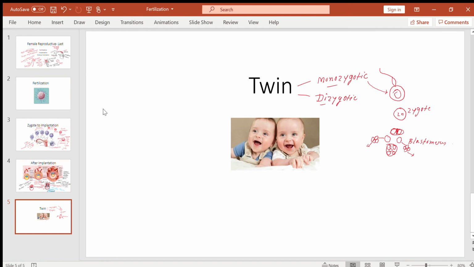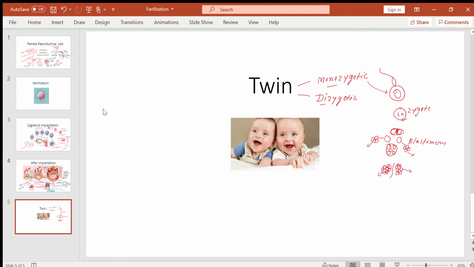It could happen before implantation when the embryo is moving towards the uterus, or after implantation, or at the morula stage, it can get separated and form two masses. Normally it should be one, but if it gets separated somehow and forms two masses, this one will form one embryo, this one will form another embryo.